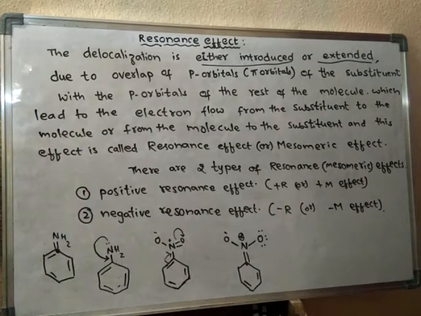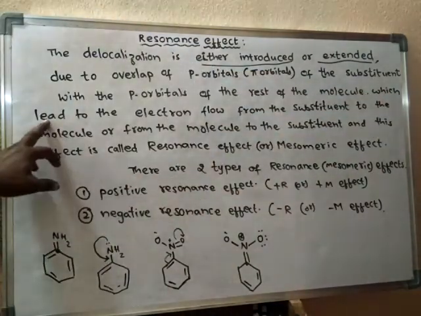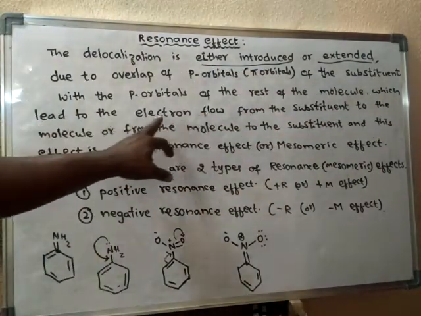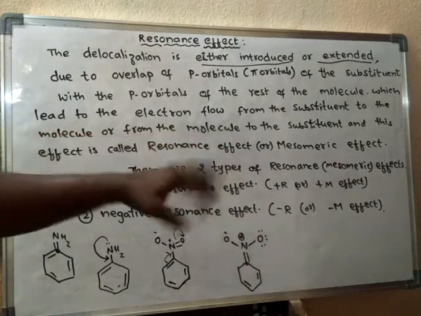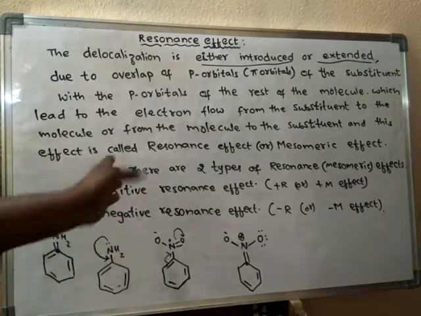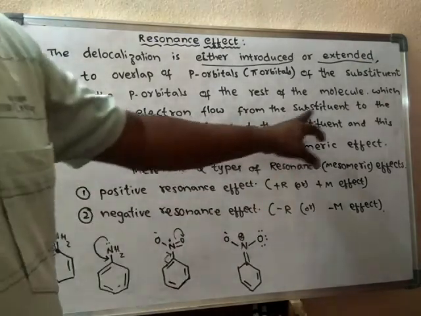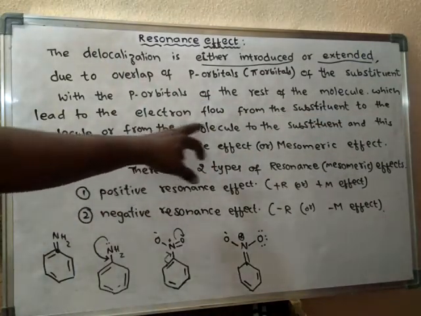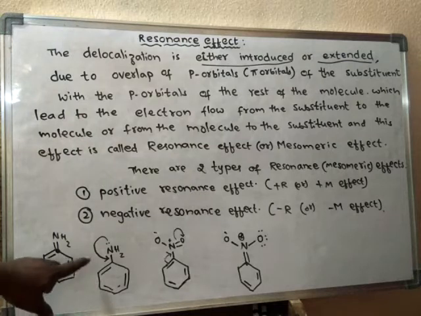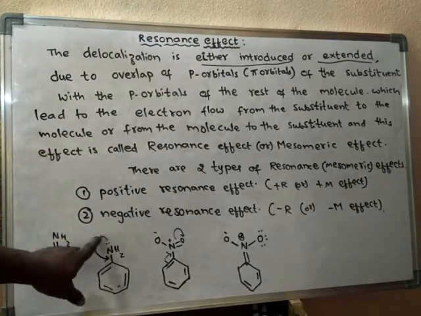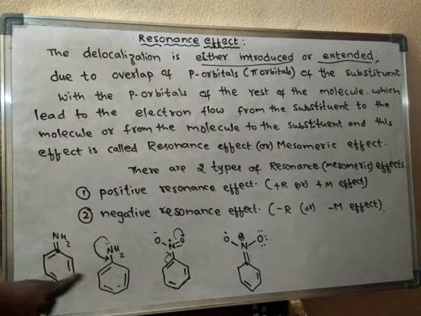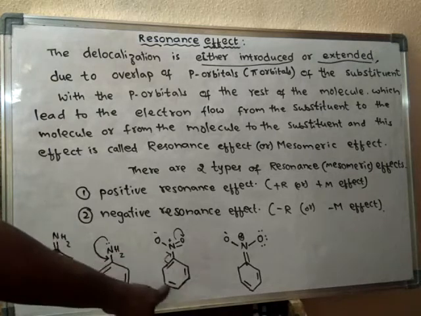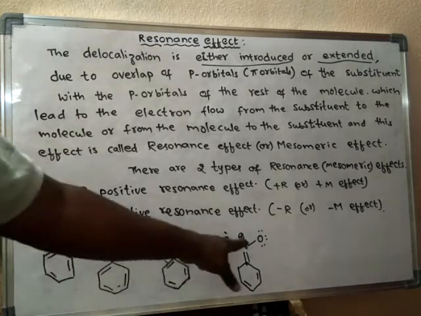Due to this overlap, electrons will flow either from the substituent to the molecule or from the molecule to the substituent. Here from the substituent, electrons flow into the molecule. In this case, from the molecule, the electrons flow into the substituent.